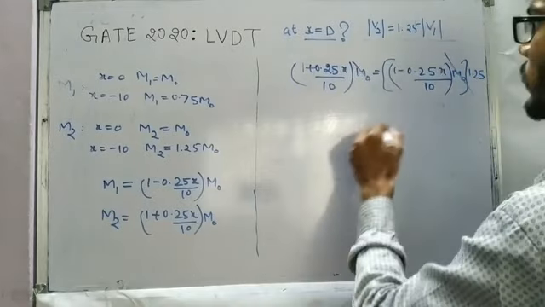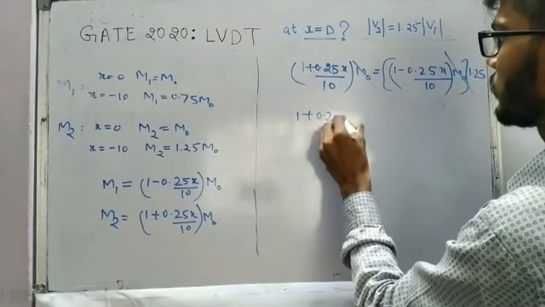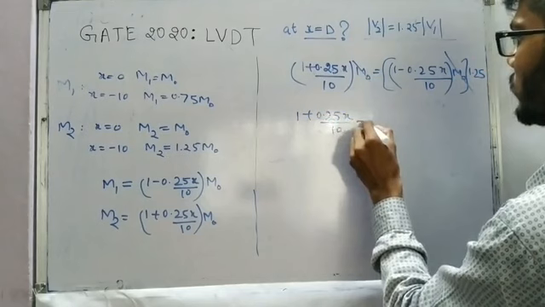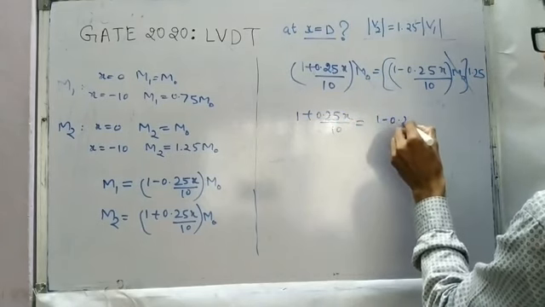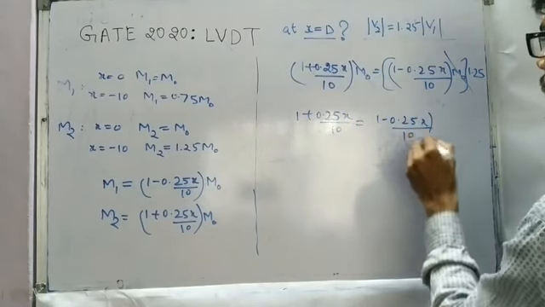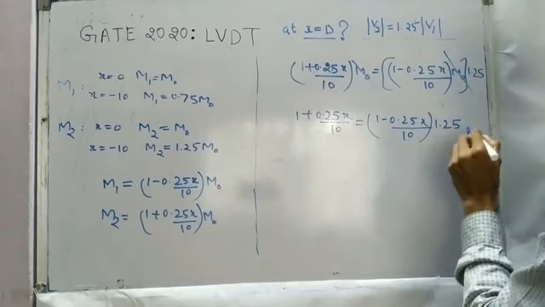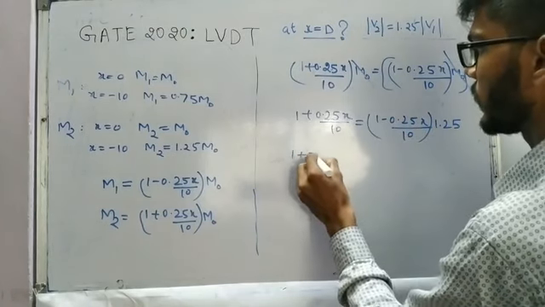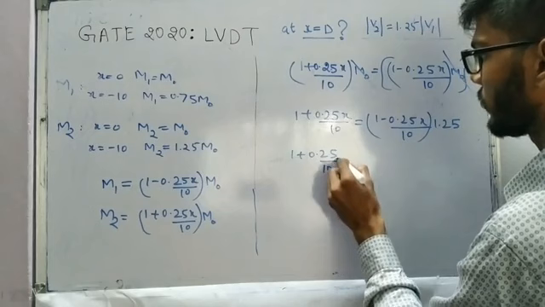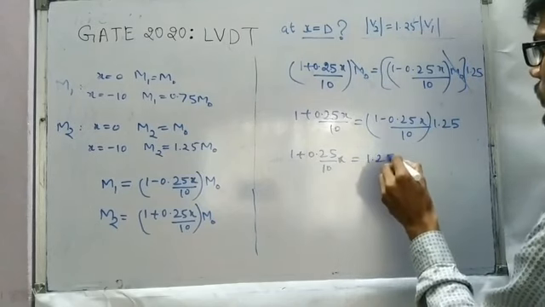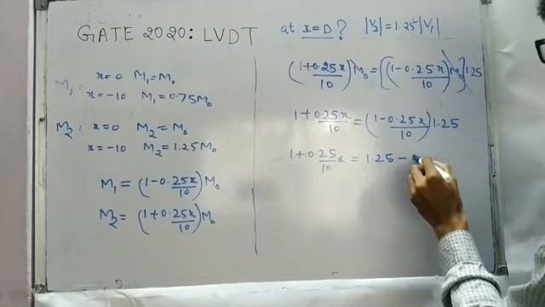So M0 and M0 will get cancelled. 1 plus 0.25 x by 10 is going to be equal to 1 minus 0.25 x by 10 into 1.25. Now the simplification we have to do, nothing else is left. Only the concept you have to understand.